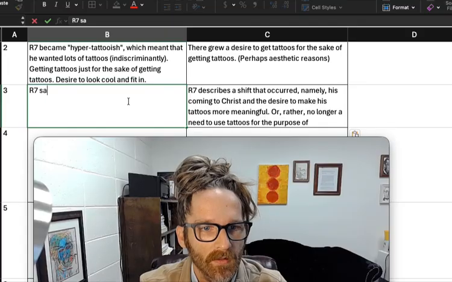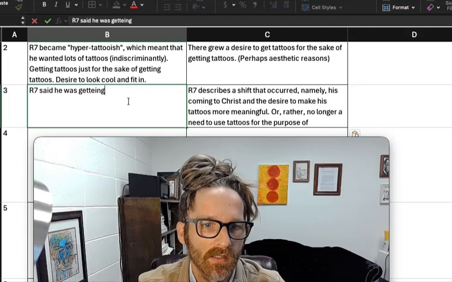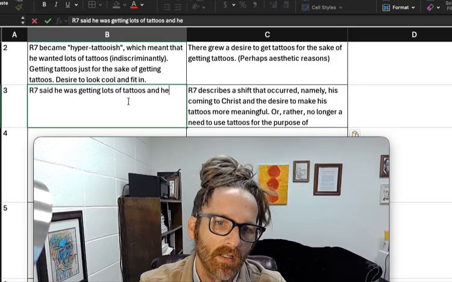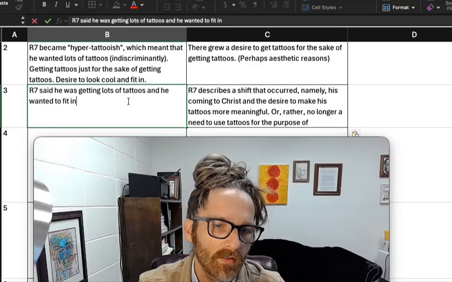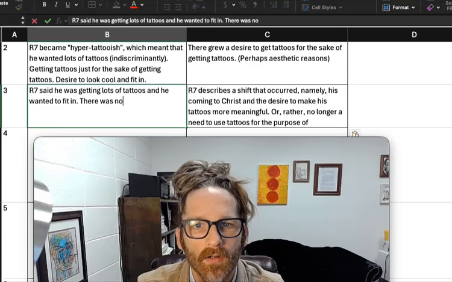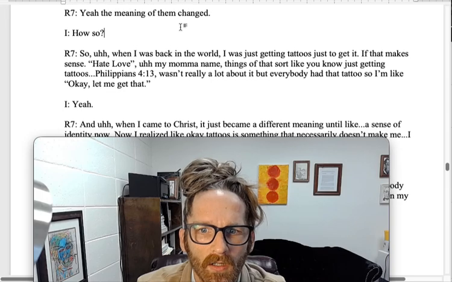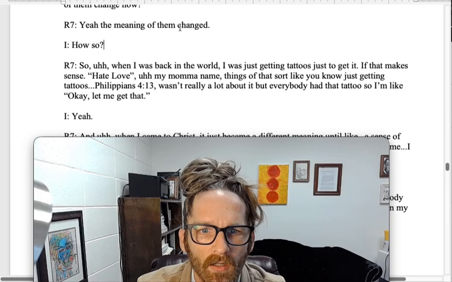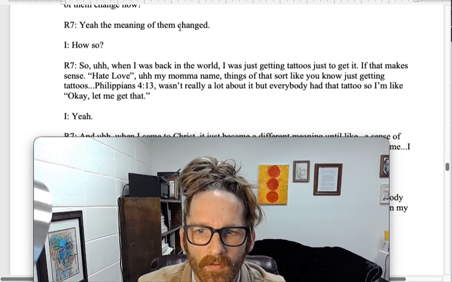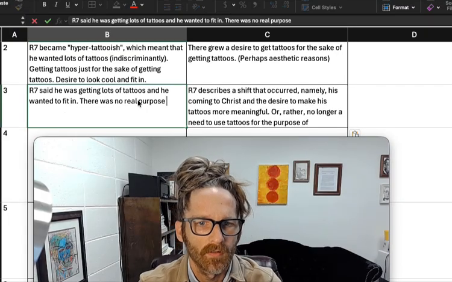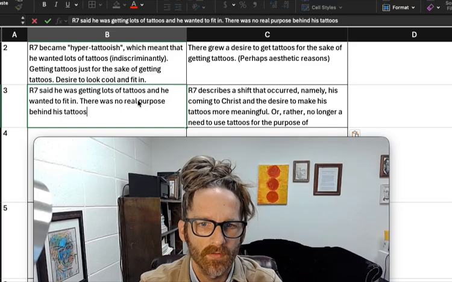R7 said he was getting lots of tattoos and he wanted to fit in. There was no, let's see. There wasn't really a lot about it. There was no real purpose behind his tattoos.